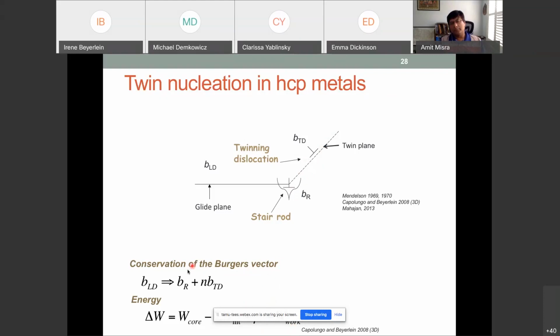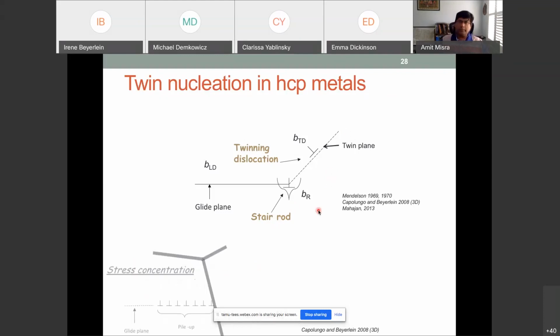When you run through these, we did some work on this where we took this idea and moved it to 3D. But the point ends up being the same, whether it's a 2D or 3D model: you need a lot of stress for this dissociation to happen and produce a certain number of twinning dislocations.